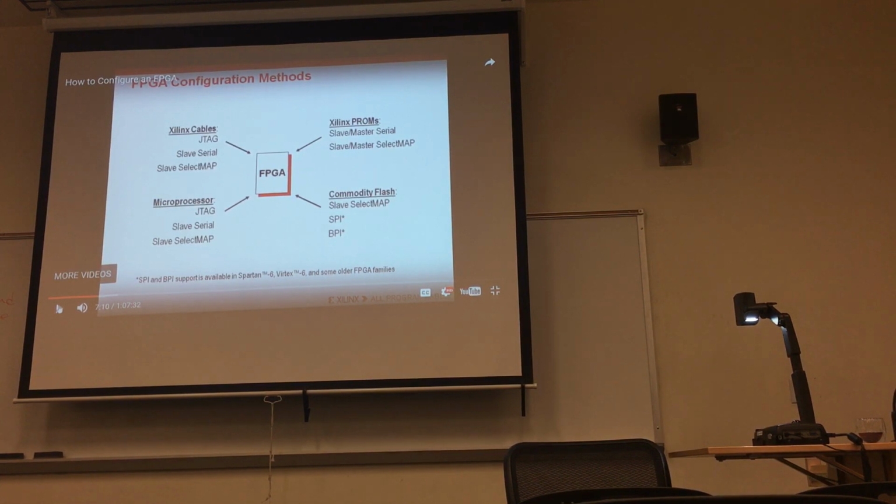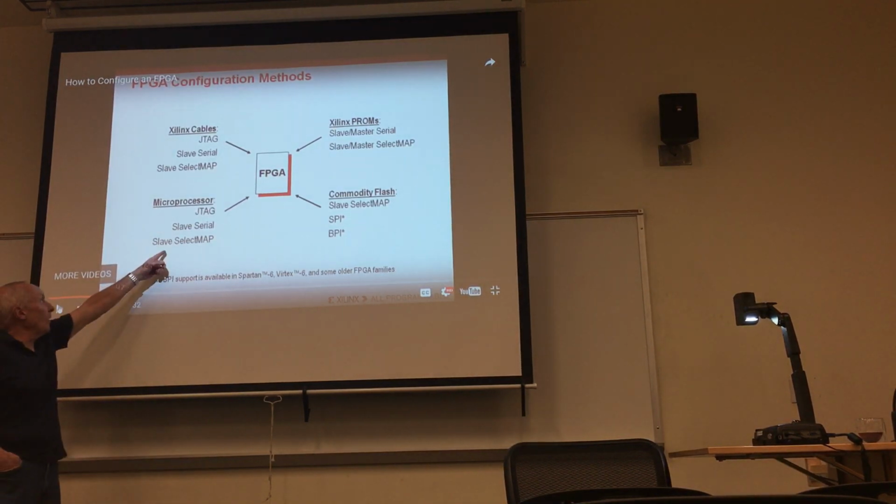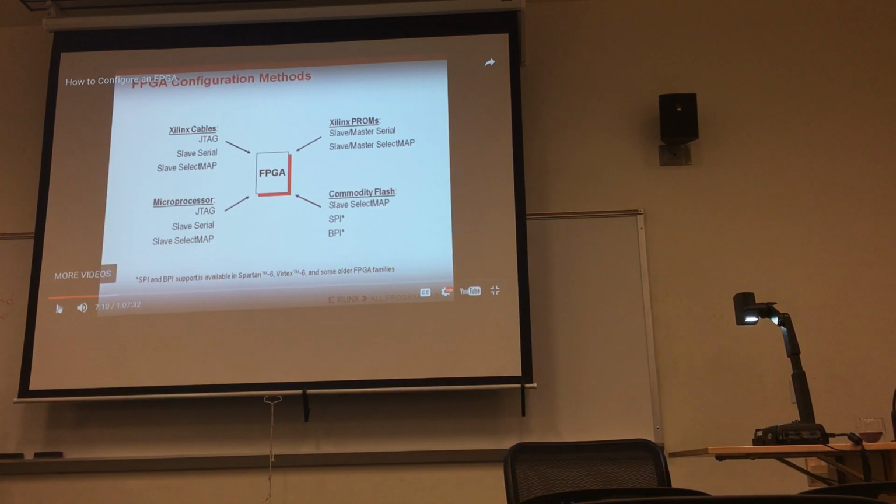That's the scheme that's used over there in the lab when you did your synthesis. This one down here is where I have the microprocessor that's on the printed circuit board, actually responsible for doing the programming of the FPGA.